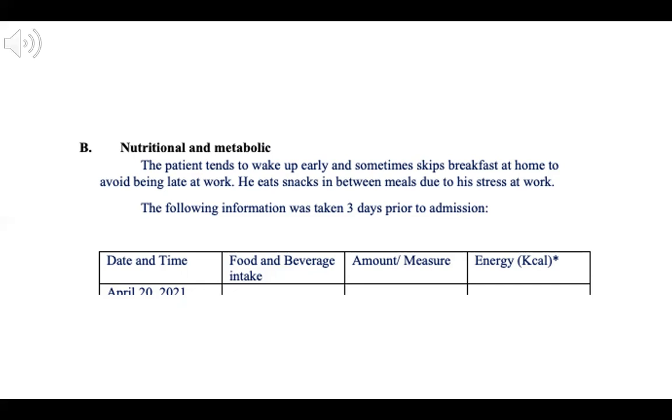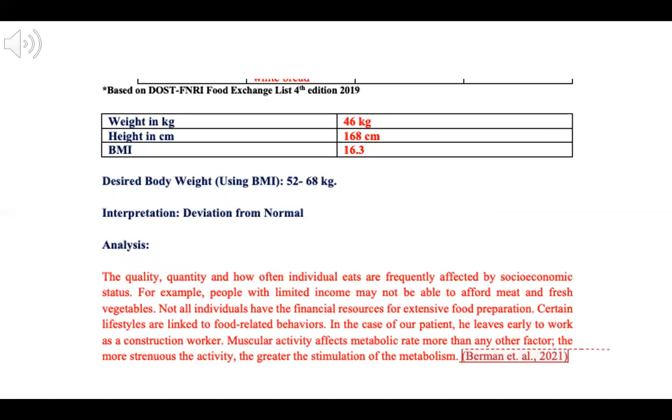So it would involve diet recall, as well as noting down the amount of the food and fluid that is being consumed and the corresponding caloric equivalent of the intake. Okay. So again, the nutritional and metabolic pattern is analyzed and interpreted.